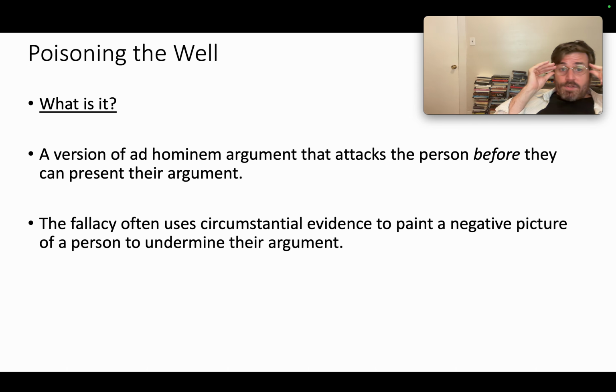The fallacy often uses circumstantial evidence to paint a negative picture of a person to undermine their argument. So we're poisoning the well in the sense that we are ruining the chances that they will even be taken seriously before they enter the argument, right? The argument has been soured or poisoned even before it's unfolded, even before the reasons are given in support of a conclusion.